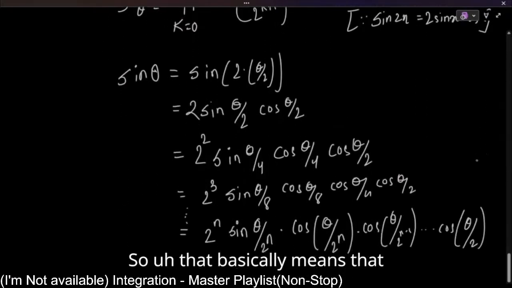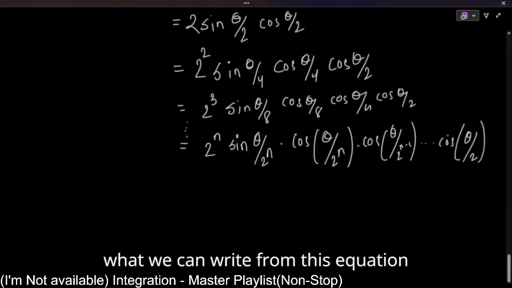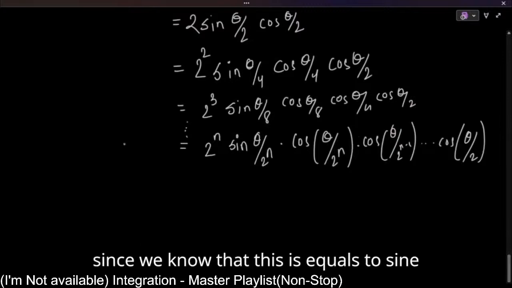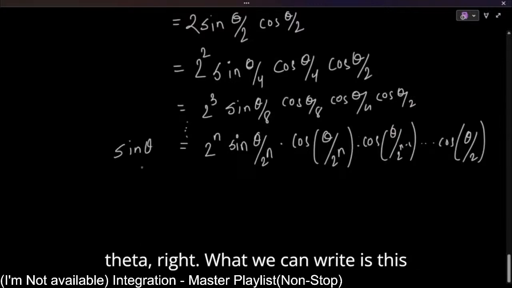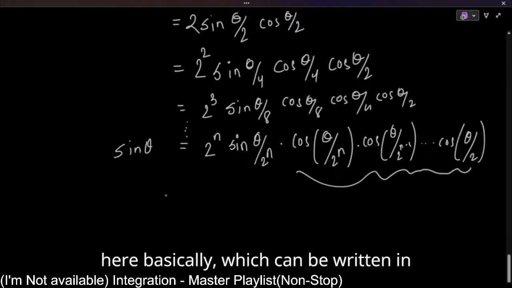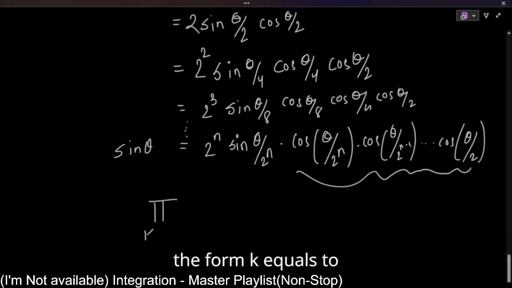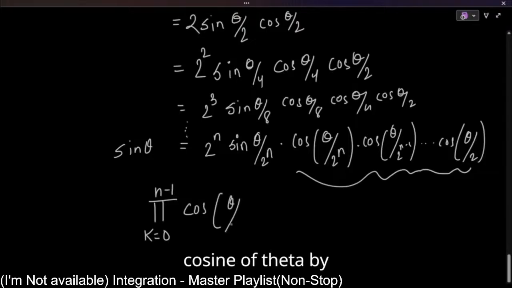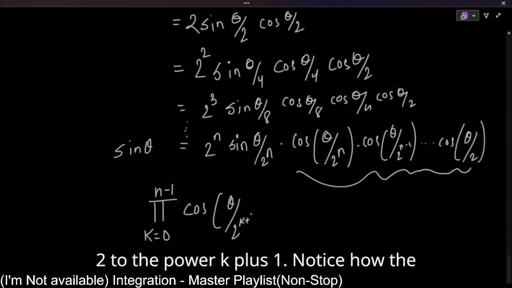So that basically means that what we can write from this equation, since we know that this is equal to sine theta, right? What we can write is this finite product here, which can be written in the form k equals, let's say, 0 to n minus 1 cosine of theta by 2 to the power k plus 1.